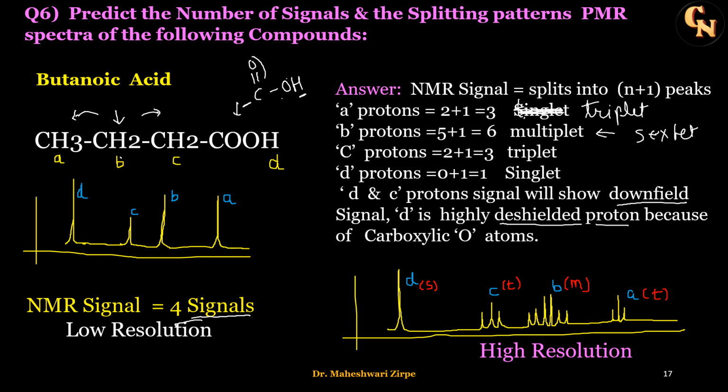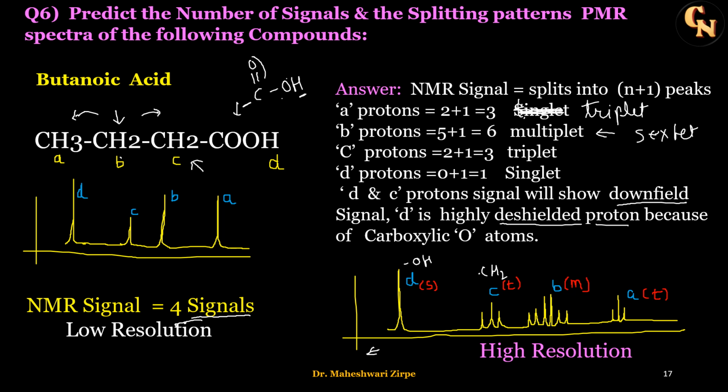So that's the reason why the D proton, that is the OH proton of the carboxylic acid, shows its signal very close to delta equal to 10. Okay, so here you can see the singlet, then the C proton, which is a triplet, that is because of this CH2. Okay, you can write here CH2 group. This singlet is because of the OH of the carboxylic acid.